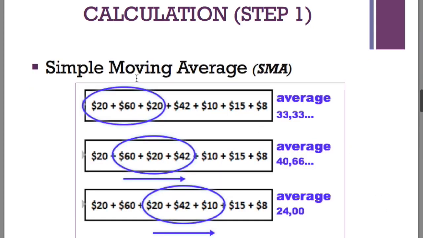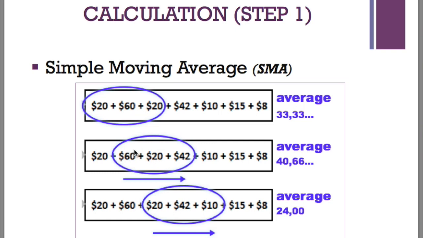Now, what's a simple moving average? SMA, simple moving average. It's just an example, guys. Here we will look at 3 values. What's the average? 20 plus 60 plus 20 is 100 divided by 3. So the average is 33.33333 and so on. Then we go one step to the right.